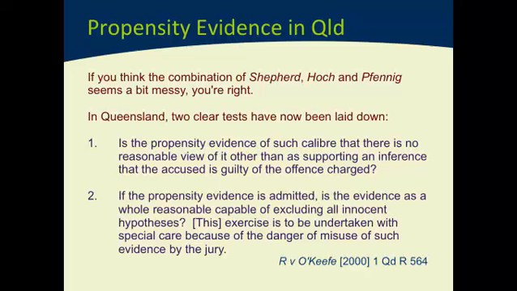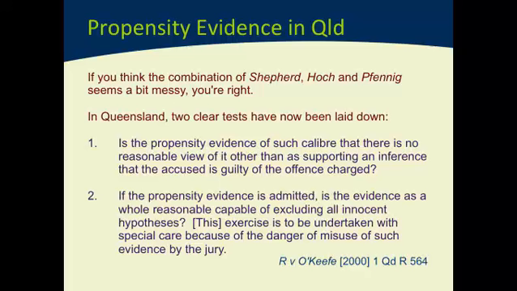Second, if the propensity evidence is admitted, is the evidence as a whole, so not just the propensity evidence, but the whole evidence in the case, reasonably capable of excluding all innocent hypotheses? And then the court says that this exercise must be undertaken with special care because of the danger of the misuse of such evidence by a jury.